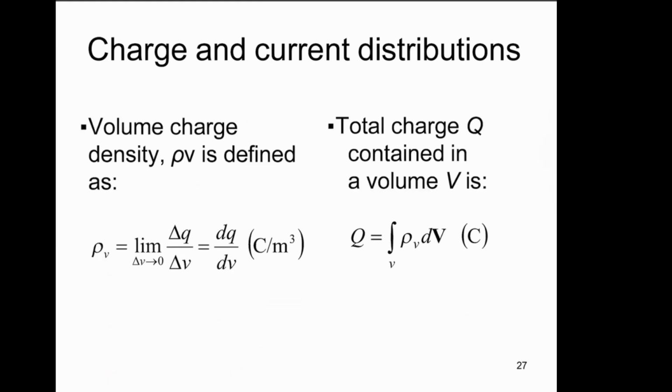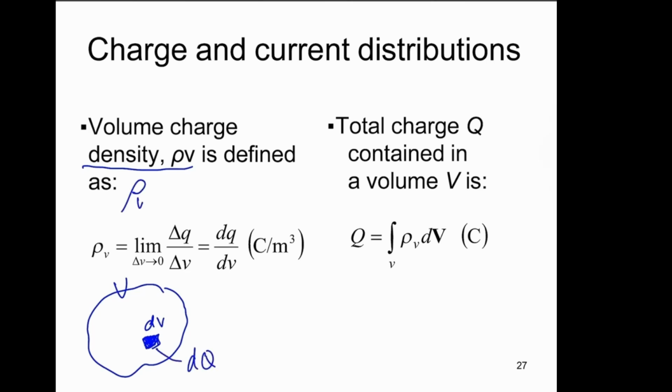Next is volume charge density. We just consider a small part of volume, dV, and there will be dq here. Rho v is equal to total charge over total volume.